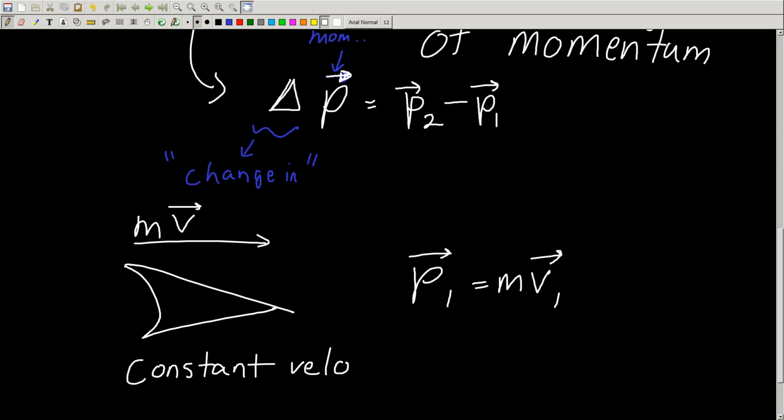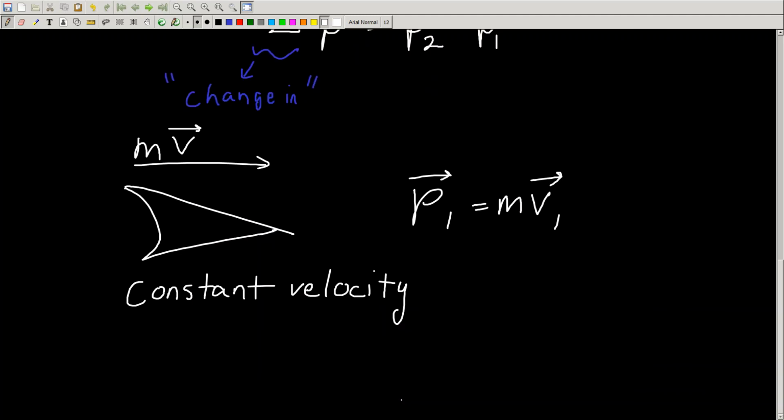What Newton's first law told us was that any object maintains its motion unless acted on by an external force. So let's suppose that the ship turns on its thrusters and it applies a force. So now the ship applies thrust.